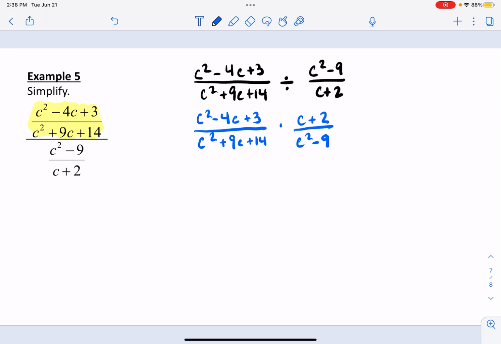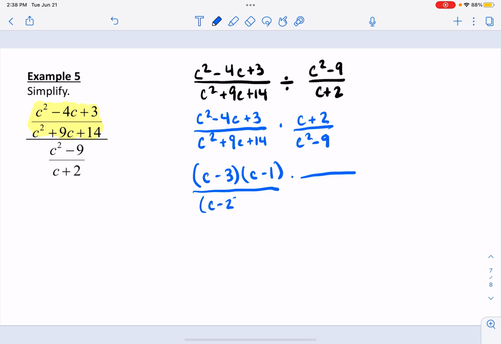Okay, now we factor. C, two things that multiply to be a positive 3, but add to be a negative 4. C minus 3. C minus 1. And then two things that multiply to be a 14 and add to be a 9.